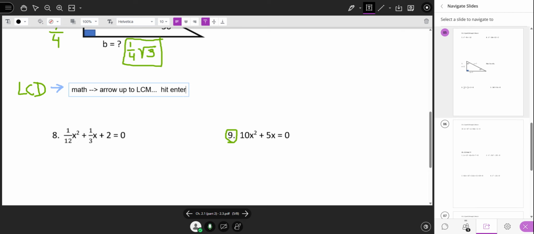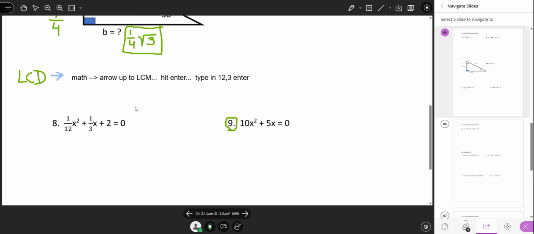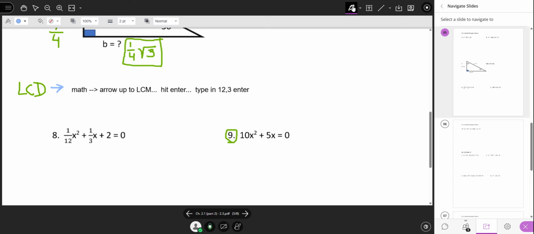Hit enter. Type in 12, 3. Enter. And what it's going to tell you is that the LCM or the LCD, both mean the same thing, is 12.